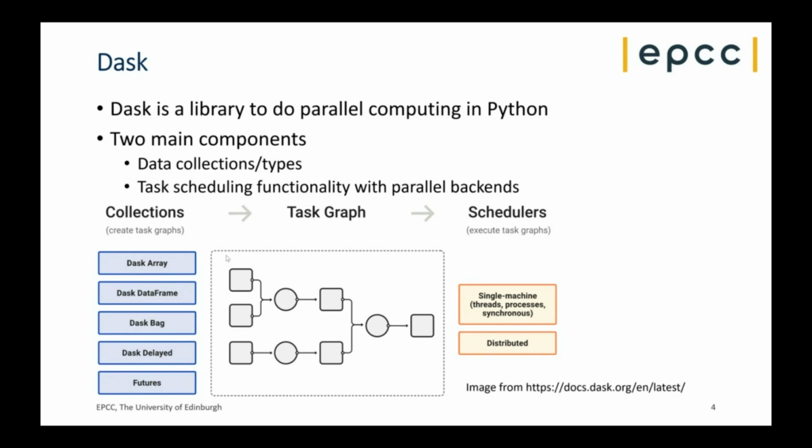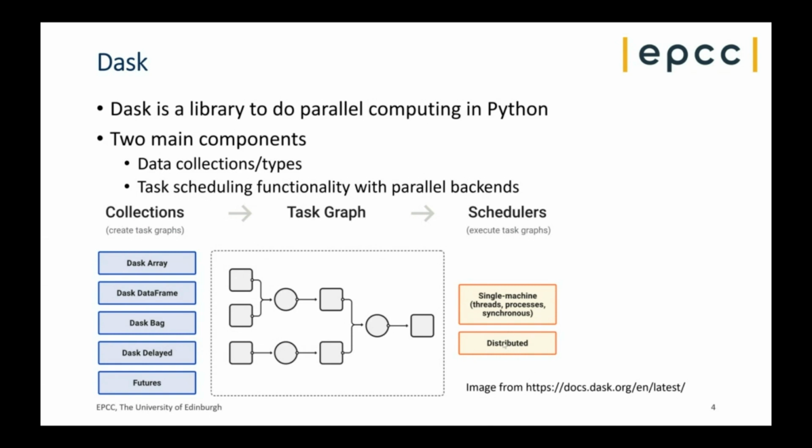It has a sort of two-phase approach where it creates a task graph from your application, and then it runs that task graph on the resources you have. Now you have to program in a certain way to be able to unlock some of this functionality. But once you do, Dask will create this task graph and it will then run it for you.